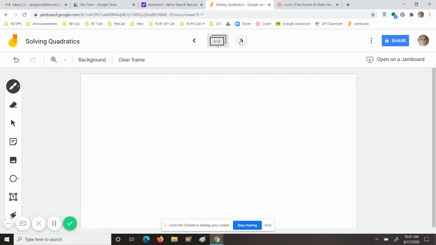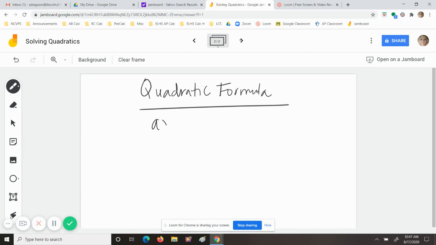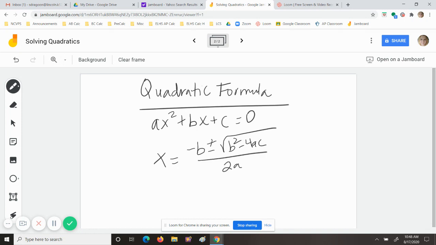Another method for solving that we're going to talk about, that you may or may not have seen already, is called the quadratic formula. Okay, so whenever we have ax squared plus bx plus c equal to 0, which is our standard form of our quadratic equation, to solve for this, here's where the quadratic formula comes in: you can take negative b plus or minus the square root of b squared minus 4ac, all over 2a.